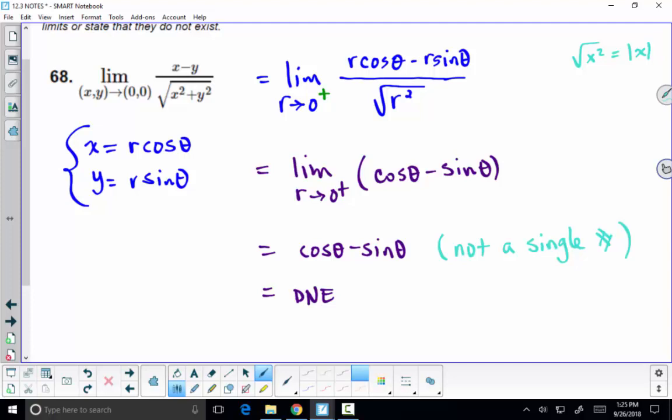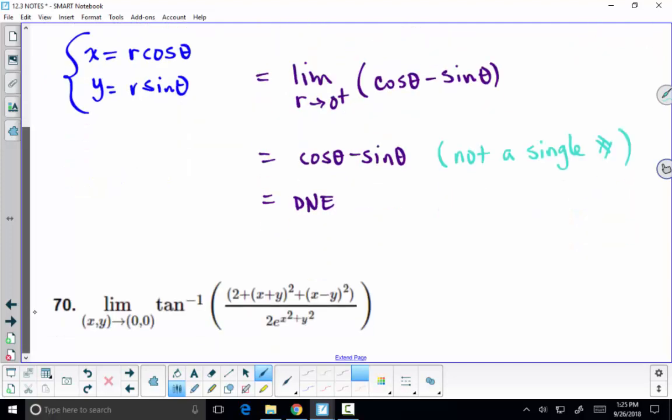And you do know from Calc 1 that if you have a one-sided DNE, the limit does not exist. You can't come in from the left and have it be DNE and come in from the right and have it be 5. Your conclusion would be the limit is DNE. If one side is DNE, then you're done.